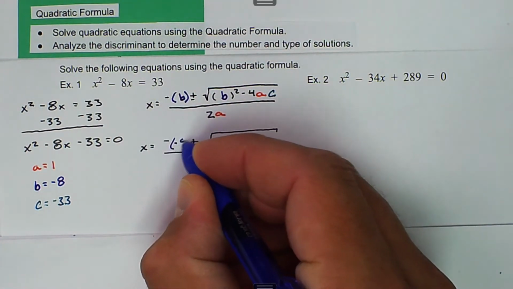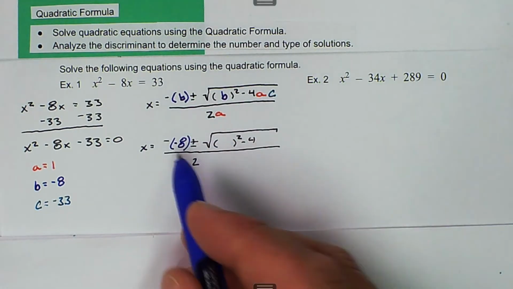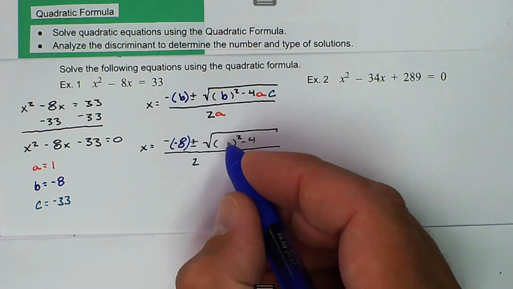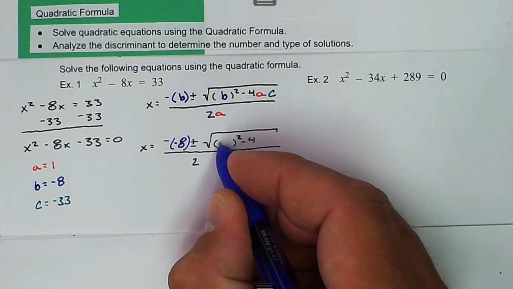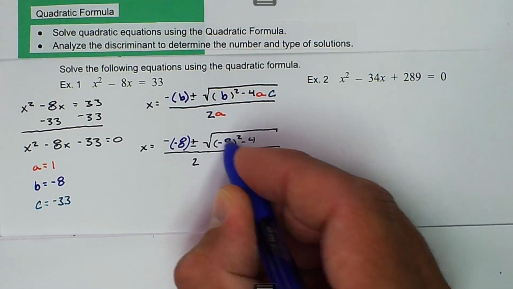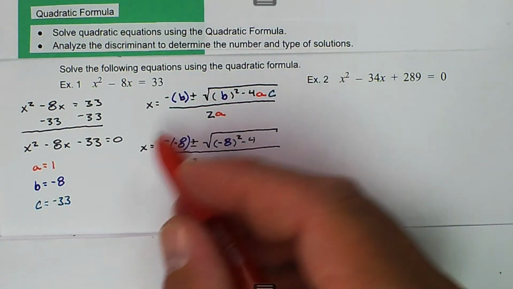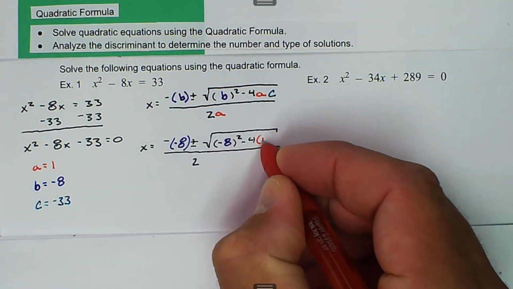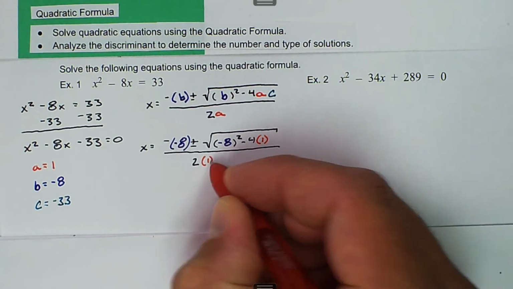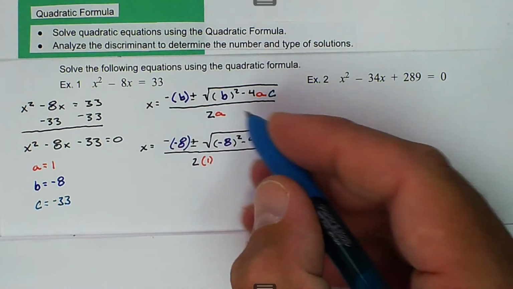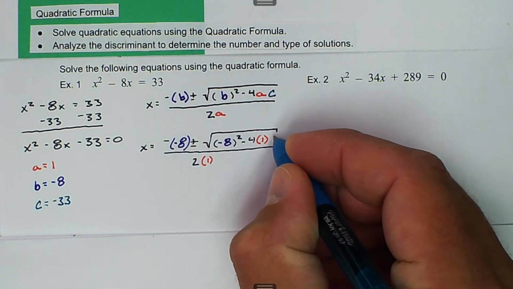So we get -8, and this is why I use the parentheses, to make sure that we account for both negatives. And then we're going to substitute a -8 there, 4, and then we have two places where the a shows up. In this case, it doesn't affect the equation, and the c is -33.